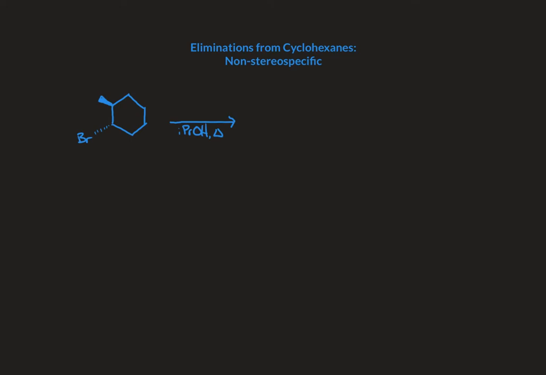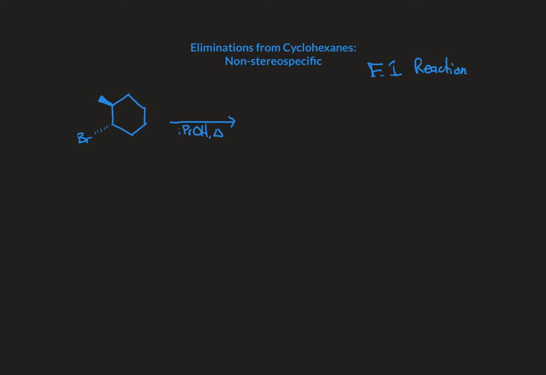I want to switch gears a little bit and look at the elimination reactions of cyclohexanes. So below, hopefully you recognize this as an E1 reaction. And how do we know this is an E1?